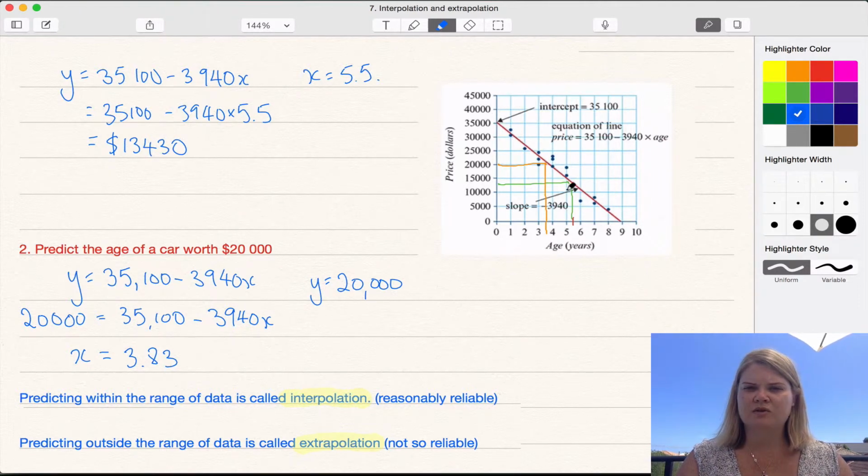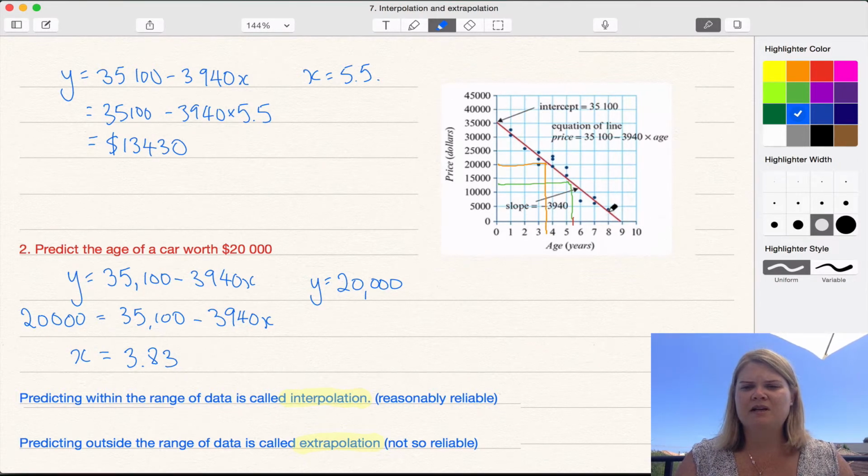You can still use the regression line, but it's not as reliable. Interpolation, pretty reliable. Extrapolation, not so reliable. An example of that is that here, if you went to here, you would get negative age, which is just weird. And it suggests that the price would increase if you had a car that had negative 3 years of age, which just doesn't even make sense, so not very reliable.